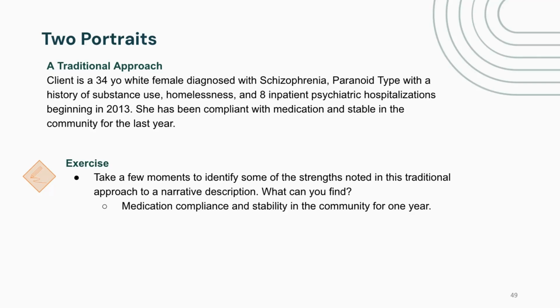What we found was the reference to medication compliance and stability in the community for 1 year. Based on our conversations thus far, what specifically is lacking here? You might have a general impression. See if you can identify anything very specific that's missing.